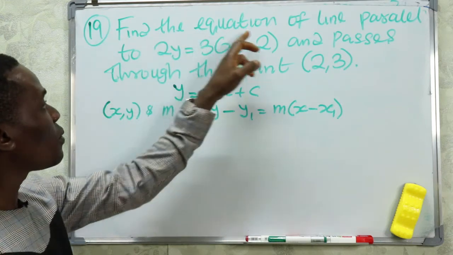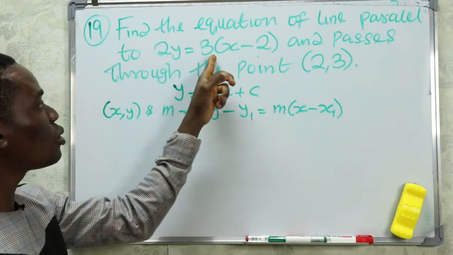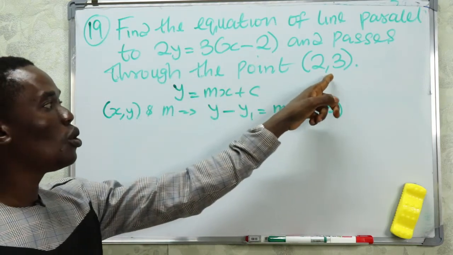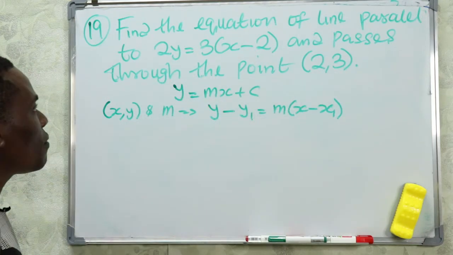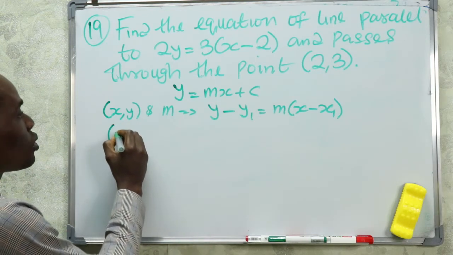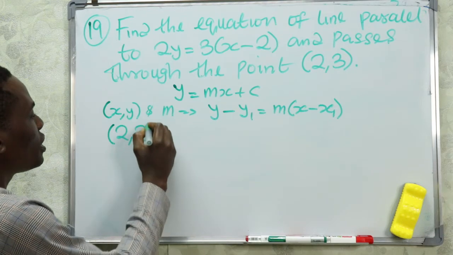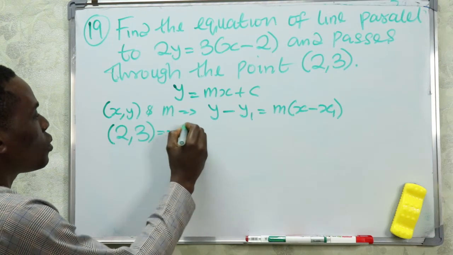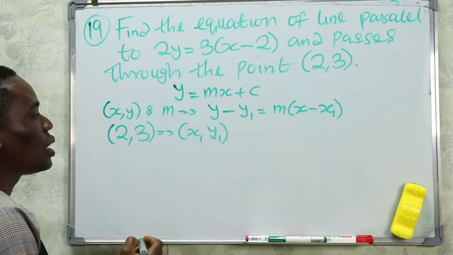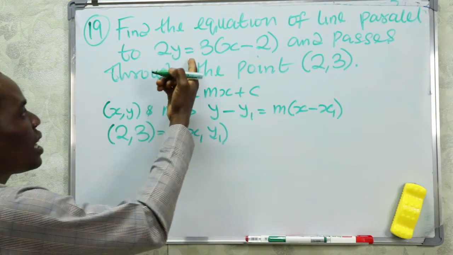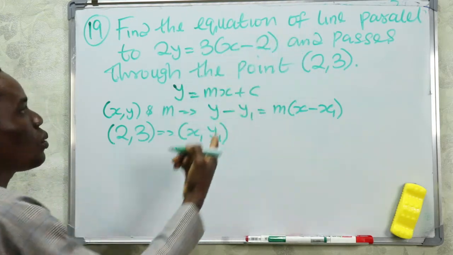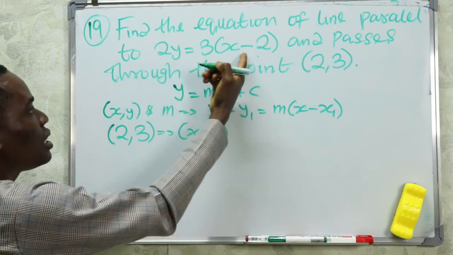If you are asked to find the equation of a line that is parallel to this line and passes through the point (2, 3), the point represents our x1 and our y1.